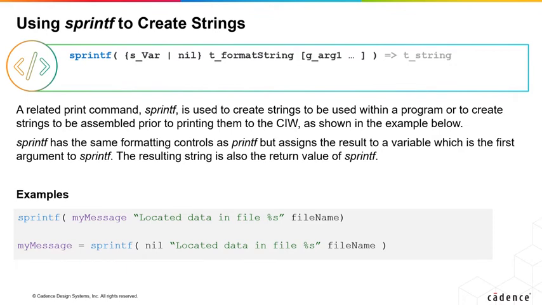Next, we see sprintf used to produce the same result, but instead of supplying a variable for the first argument, we supply nil, and then assign the result of sprintf to myMessage. The effect here is the same, and it just shows you two different ways of using sprintf. The result again is that we create a string called myMessage with the value for file name substituted into the string.